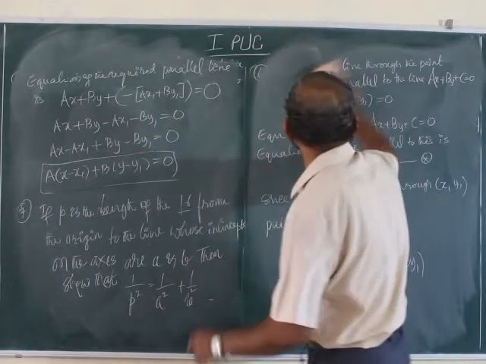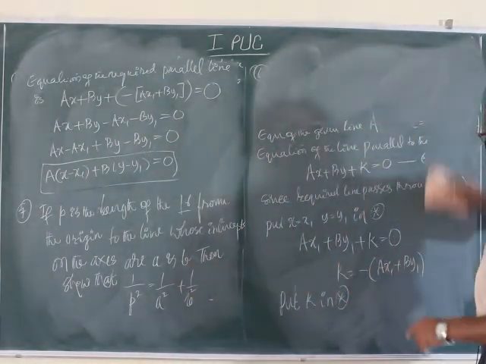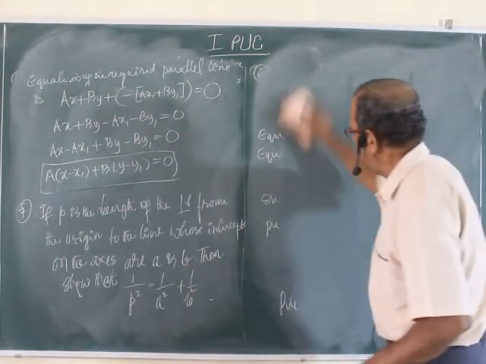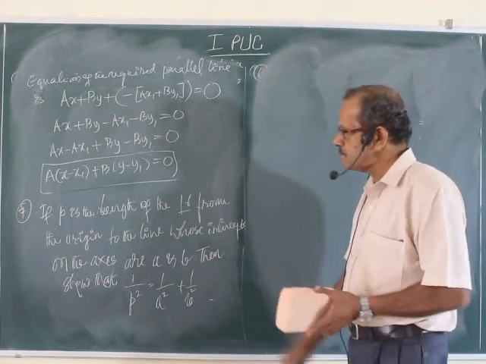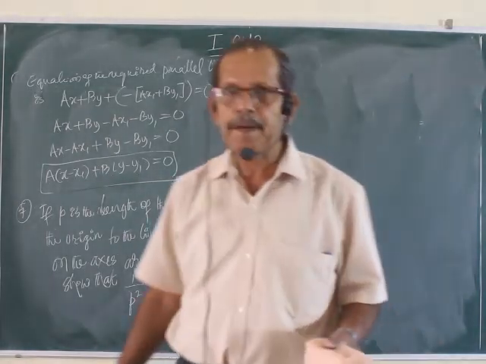Problem number last. Enough. That is the last problem. How to solve it? P is the length of the perpendicular.